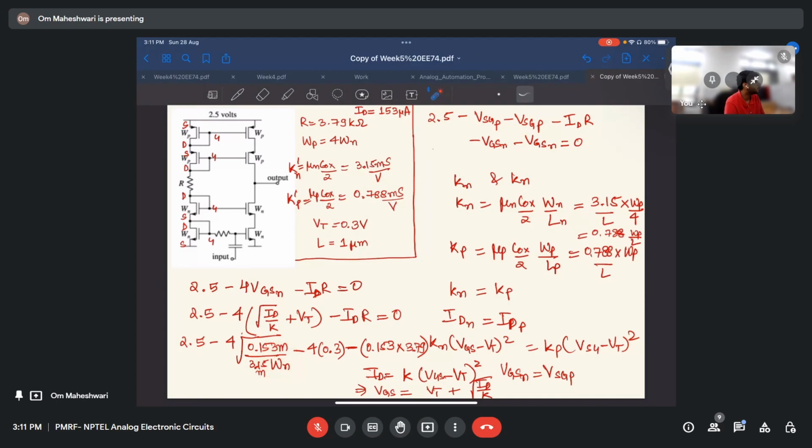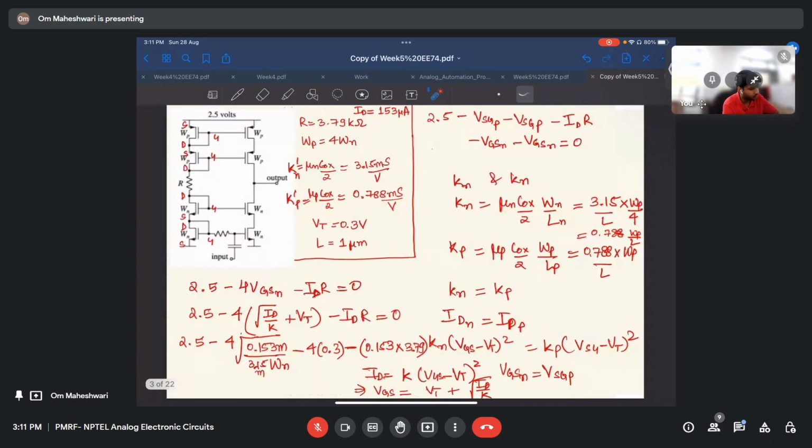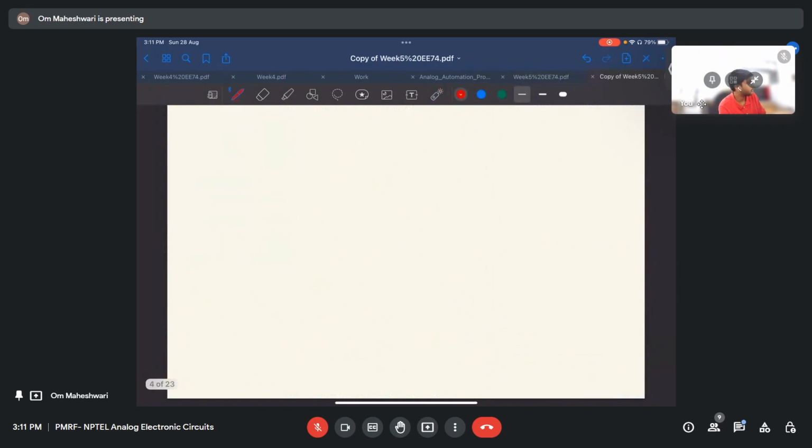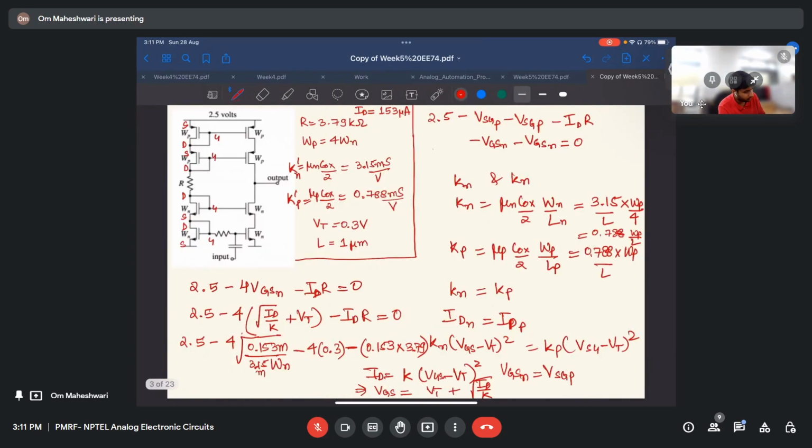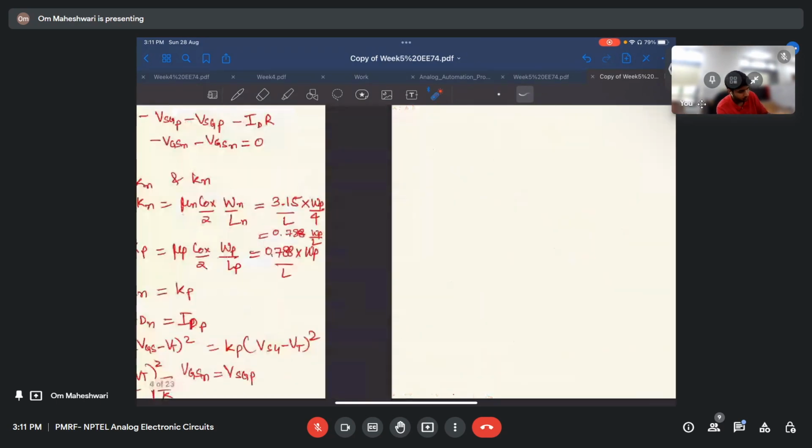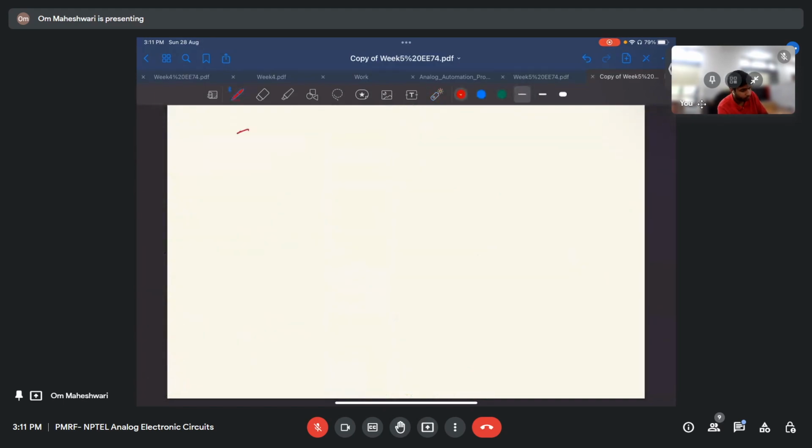So let's take another page. So we were here, ID. If I solve this whole thing, I will get 4 under root ID by 3.15 W equals 2.5 minus 1.2 IDR.